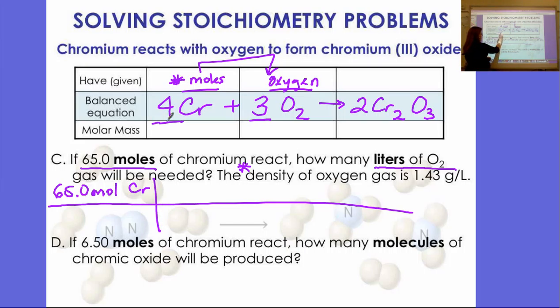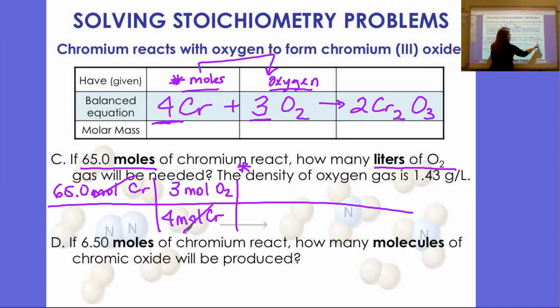Moles of chromium up top, the 4 has to go on the bottom, and the 3 moles of oxygen on top. Moles cancel, moles of oxygen now. I have to get to grams, again, look at your snowman, you have to get to grams before you go up to liters.